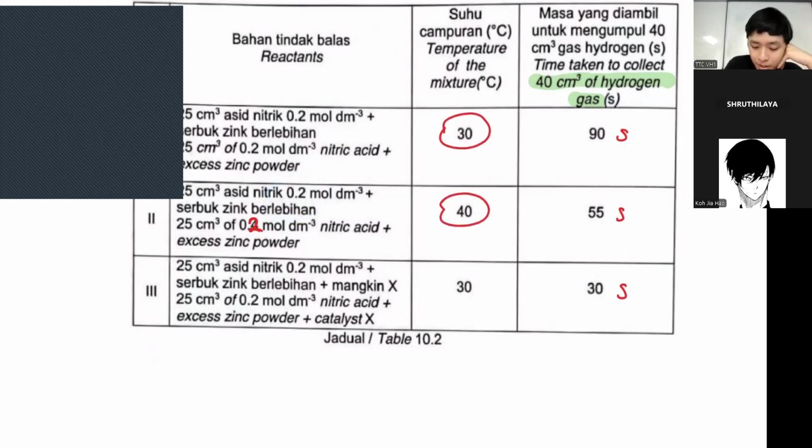Temperature. Higher temperature means higher rate of reaction, comparing set 1 and set 2. Then set 2 and 3, they add catalyst X. So of course, which one has the higher reaction, with or without catalyst?